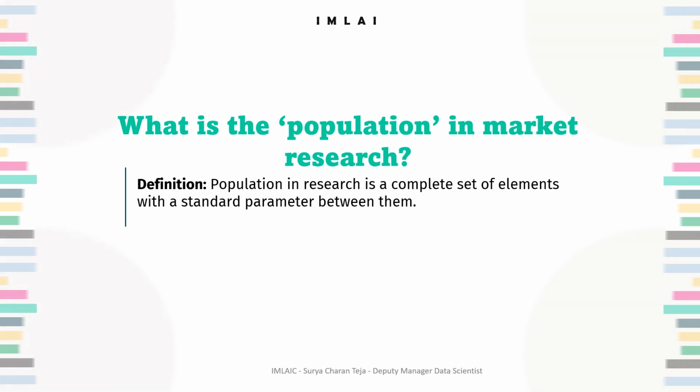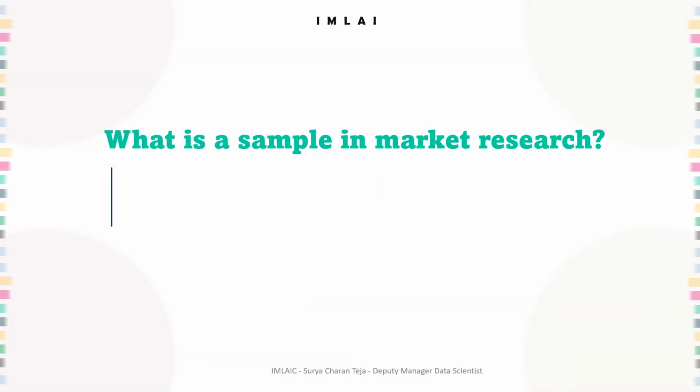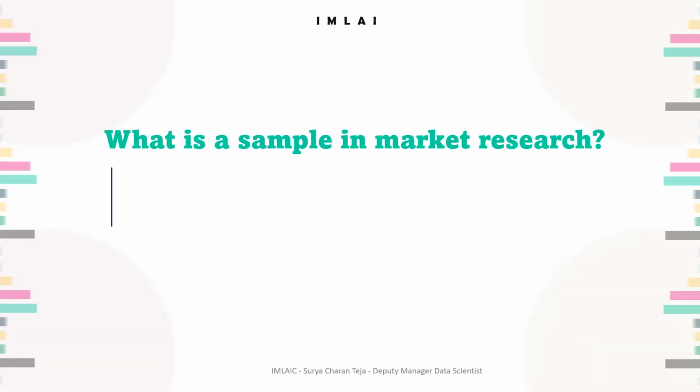So it's important to note that the population is the entire group that the researcher is interested in studying, but it's often impossible or impractical to study the entire population due to logistical or financial constraints. Therefore, researchers usually select a smaller subset of the population to study, which is known as a sample.